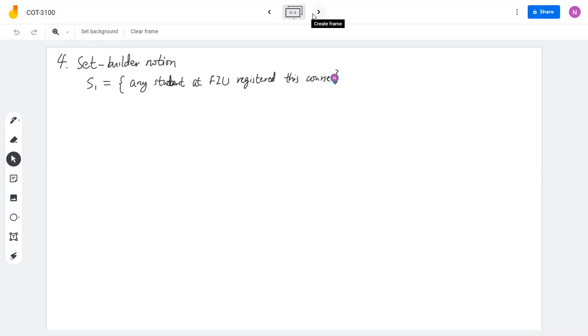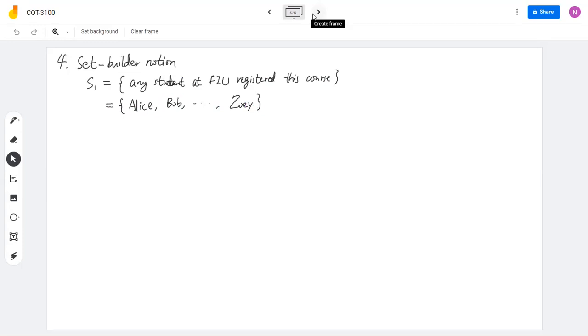Remember, the roster notation is listing all the elements, and both notations define the same set.